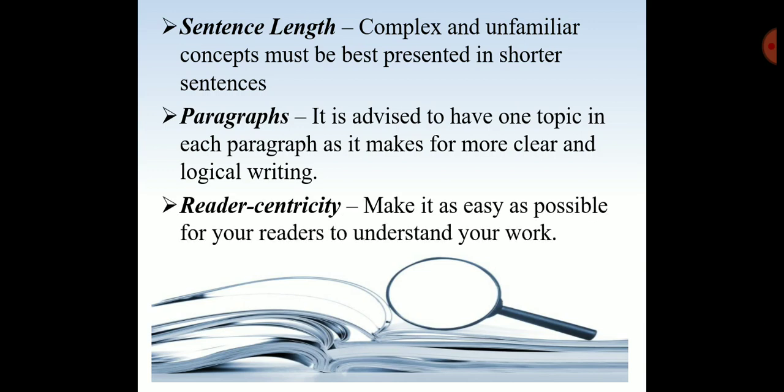Then the final element is reader centricity, which means that whatever you are presenting or whatever your work is about, make it as easy as possible for the readers to understand. So these are the 6 important elements of technical writing, starting with clarity, then accuracy, then brevity, then sentence length, paragraphs, and finally reader centricity.